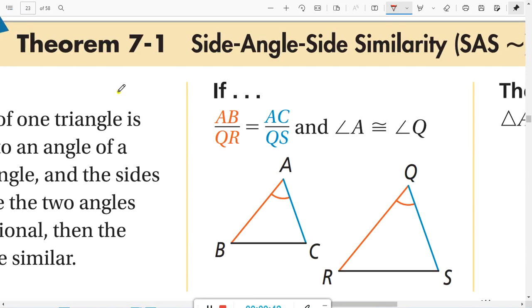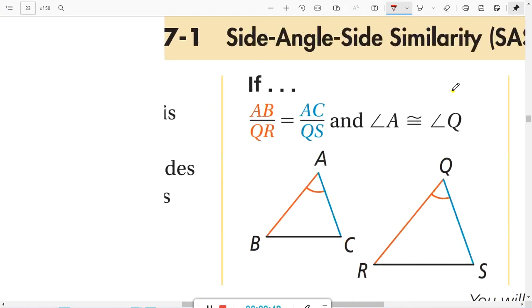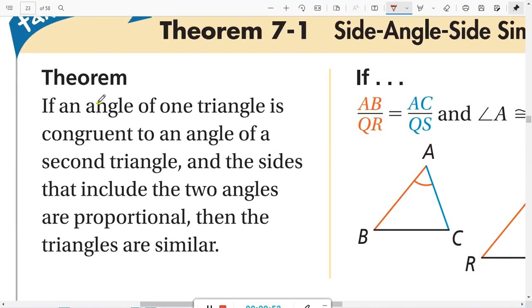Okay, next up, Theorem 7.1. That's the side angle side, or SAS, similarity theorem. All right, if an angle of one triangle is congruent to an angle of a second triangle, and the sides that include the two angles are proportional, then the triangles are similar. Okay?